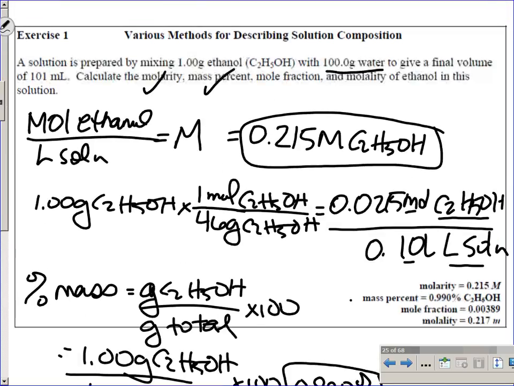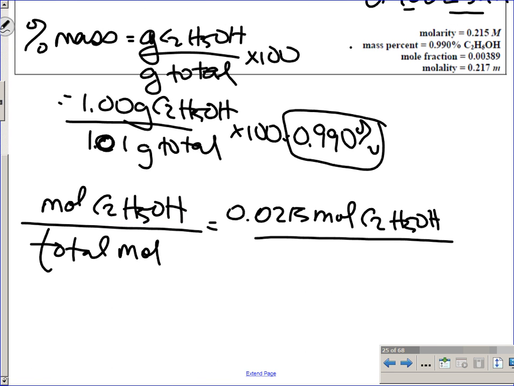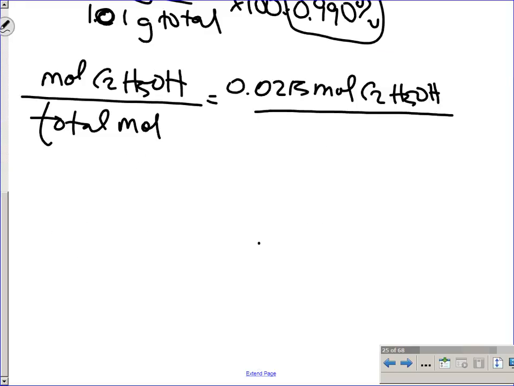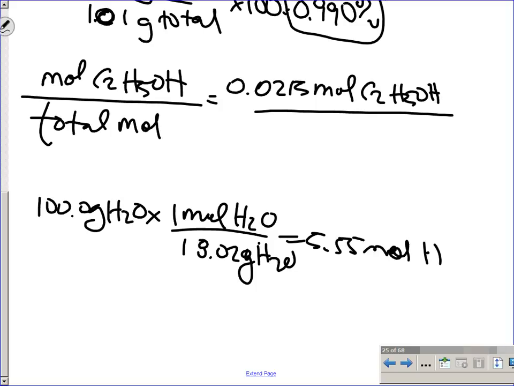Take 100 grams divided by 18.02. Somebody do that for me? I'm doing this first problem for you, basically, if you're keeping up. So 100 grams of water converted to moles is 5.55 moles of water. Labeling it water so you remember later that that's moles of water.